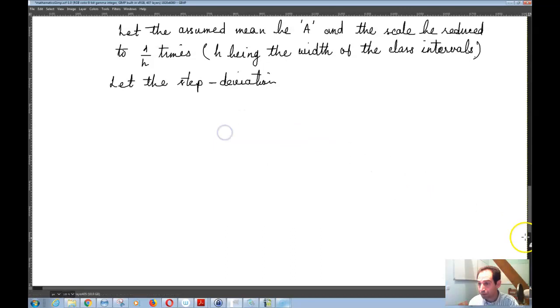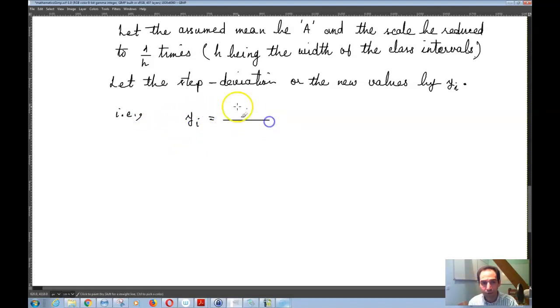So let the step deviations or the new values be y of i. That is, y of i you can write as basically x sub i minus a, the difference between each x sub i and the assumed mean, and then to make things still smaller, you divide it by h.